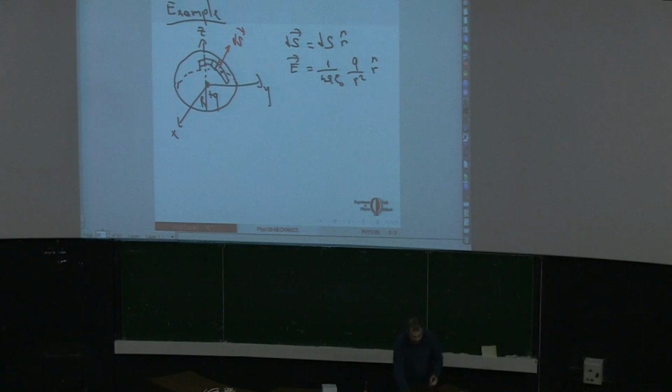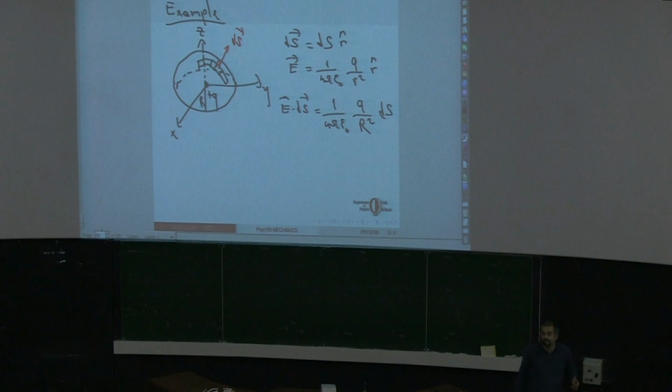So E dot ds for every point on this sphere is equal to 1 over 4 pi epsilon 0 q over r squared ds.